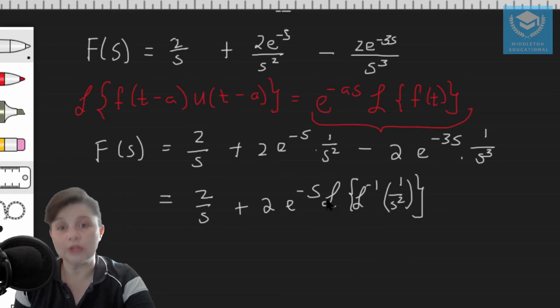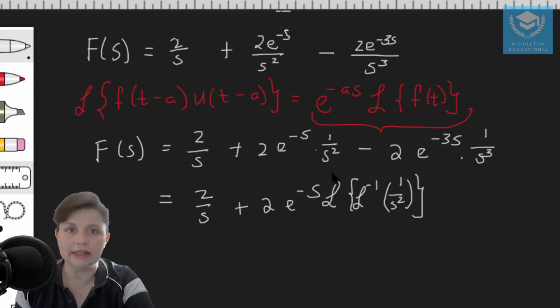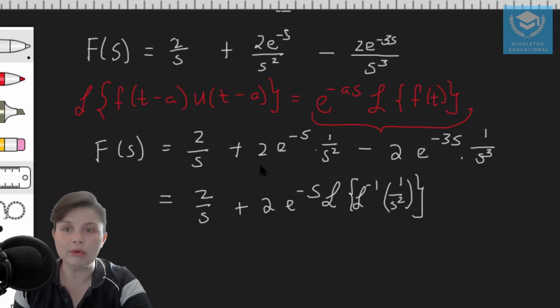Because you've got the transform of the inverse, which means they cancel one another out. So all you've done is really change the form of this term so that it fits with the second shifting theorem. Because once you've got that, you can then find the inverse. You can move from your right-hand side to your left-hand side of the second shifting theorem.